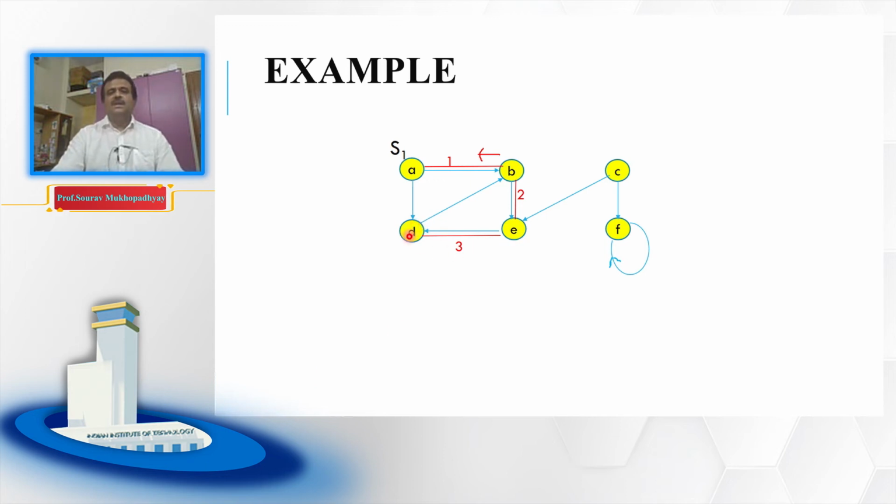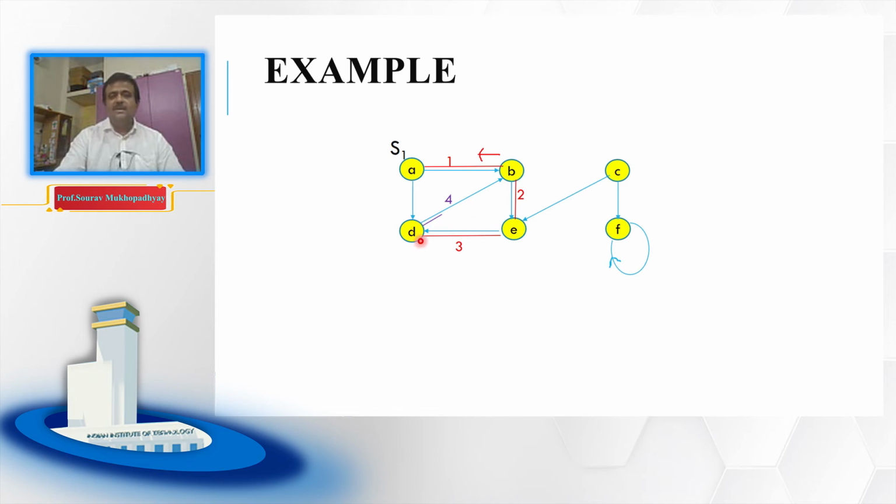Now we call the DFS visit of this vertex. This is the recursive call. Once we do the DFS visit, we check the adjacency list of D. The adjacency list of D is B, but B is already done, so we do not do anything.